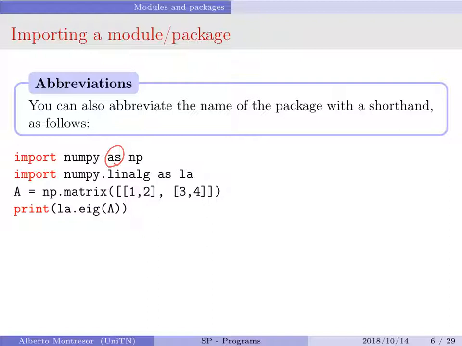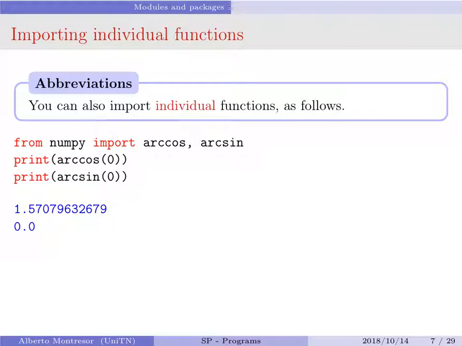From now on, you have a namespace called np, which contains all the functions of numpy, and you can access it like this, np.matrix. Or import numpy.linalg as LA, and so you can do LA dot eigenvector centrality, which is this particular function here.